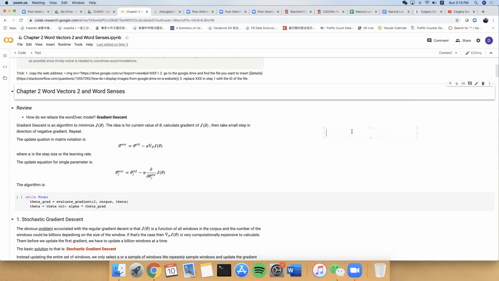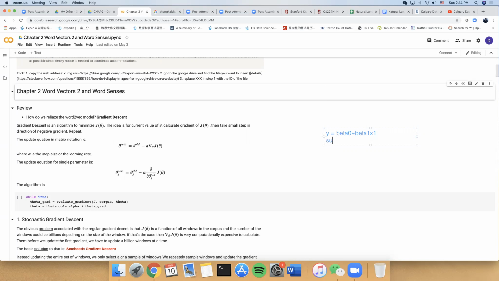Let's think about a really simple linear regression model: y equals beta 0 plus beta 1 times x1. That's a really simple regression model, right? We only have two parameters, beta 0 and beta 1, two weights here.